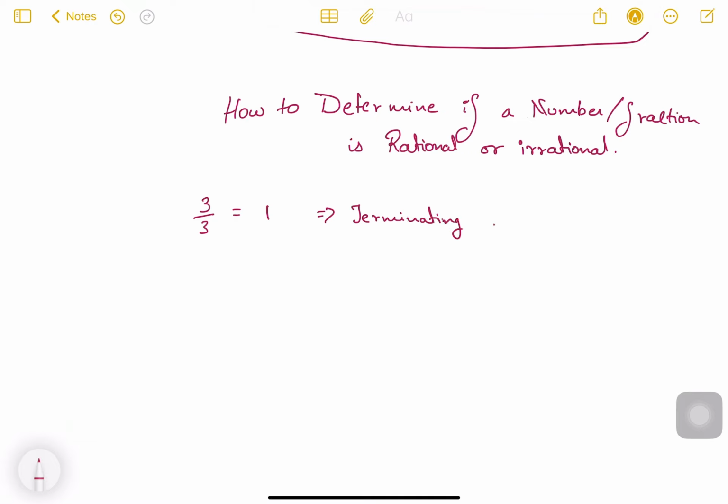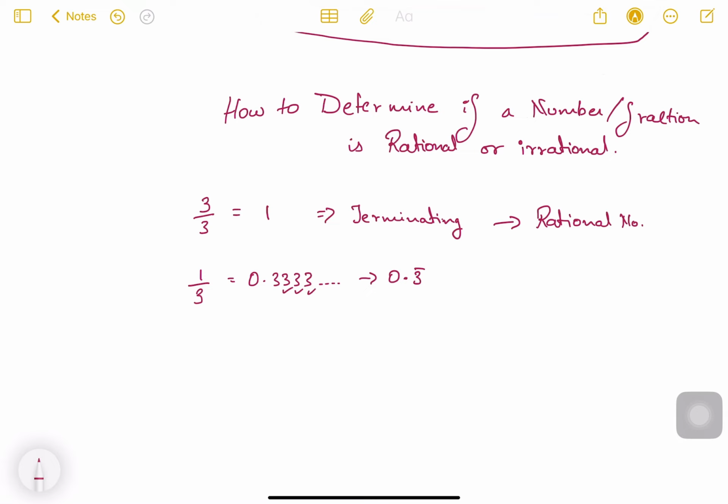Because it is terminating, that's why it is a rational number. Then if I talk about 1 upon 3, it becomes 0.3333 and so on. So 3 keeps repeating, which I can write as 0.3 bar because only 3 is repeating.